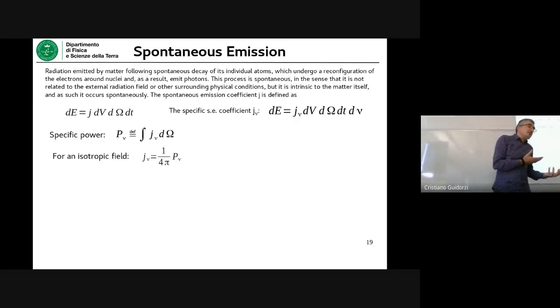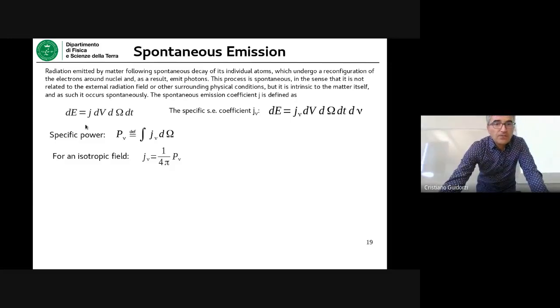Consider the special case of an isotropic field, again, so spontaneous emission is producing radiation with the same amount of radiation moving towards all directions in the same way. In that case, given that J nu doesn't depend on the solid angle, the integral, the specific power, is just 4 pi J nu.